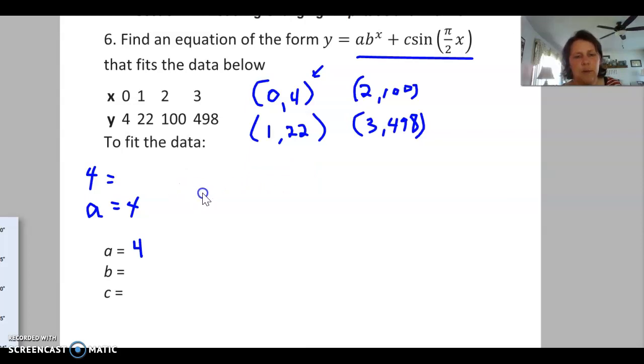All right, so now for the next one, we're going to use the point 1, 22 for the next part.